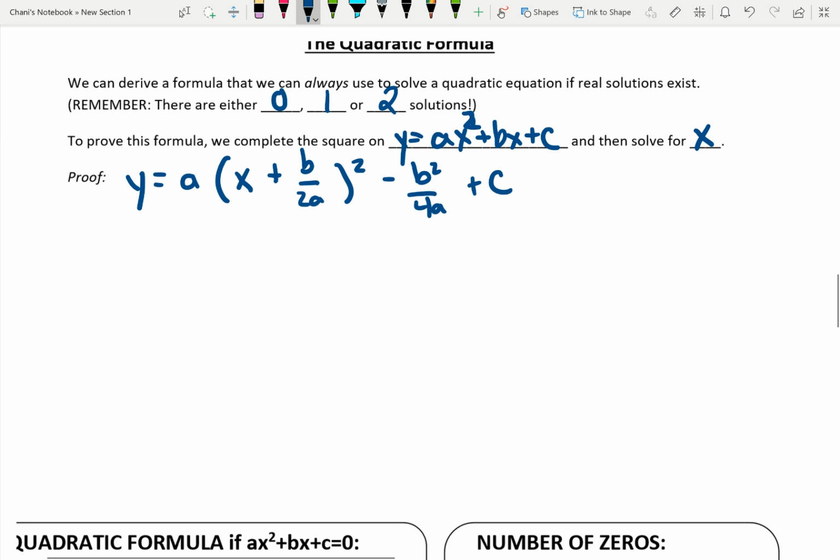So this is just taking the general standard form and putting it into vertex form. We did this in the maxima and minima note, the first note of this unit, if you want to go back and find out where we got that from. So now we're going to come up with the quadratic formula, which basically takes this, sets it equal to 0, and solves for x. So this is my vertex form.